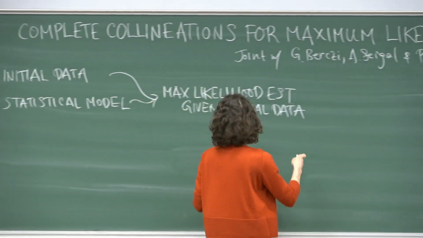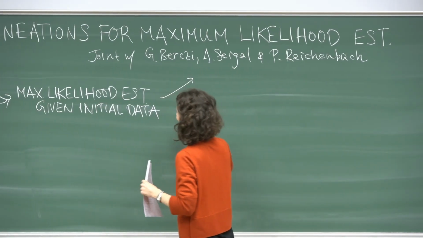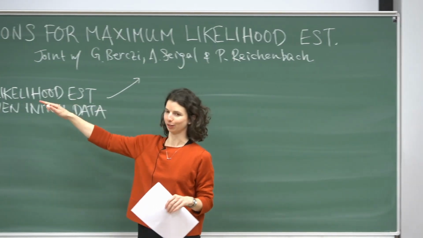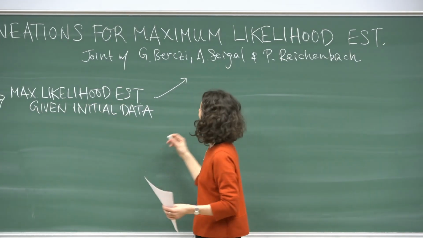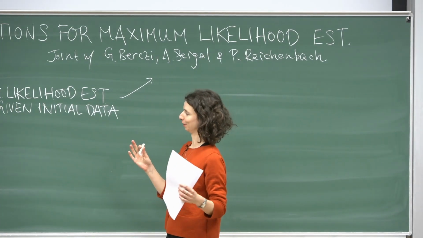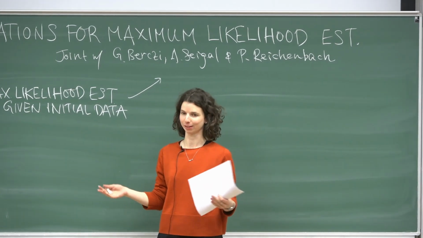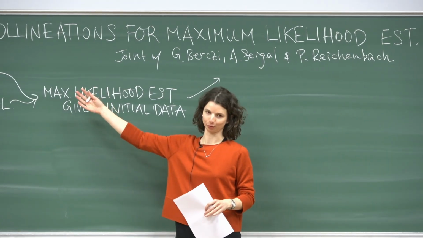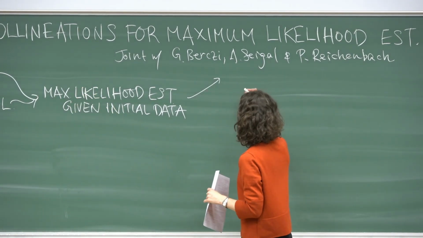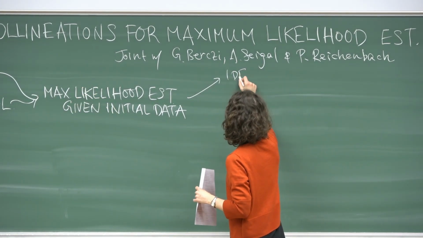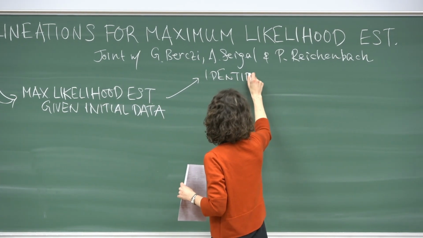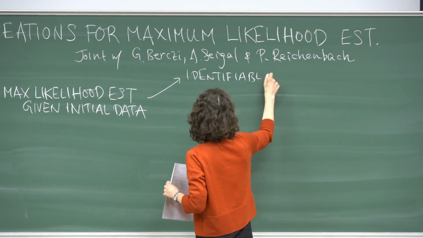The best case is that the MLE, given your initial data, exists and is unique. That means that you have a unique canonical set of parameters, and that's what you should use for your model to predict that data. In this case, I'll say that the MLE is identifiable.